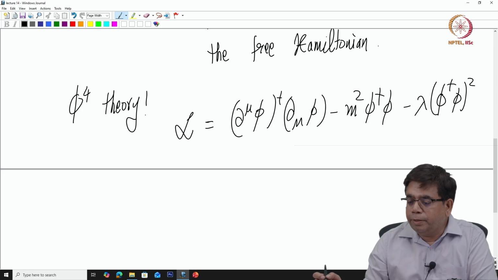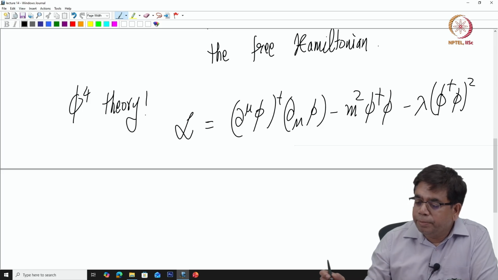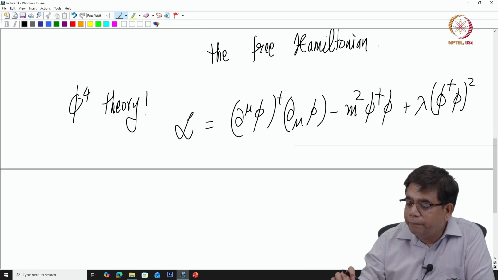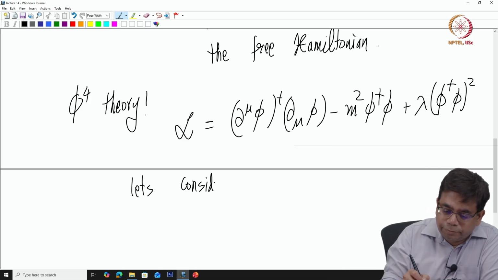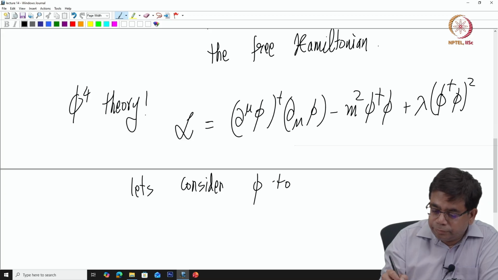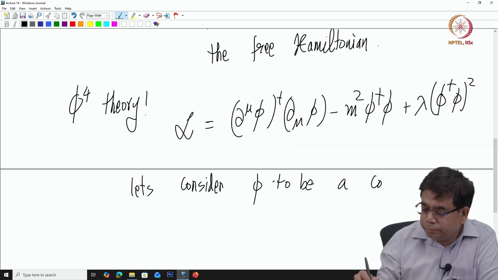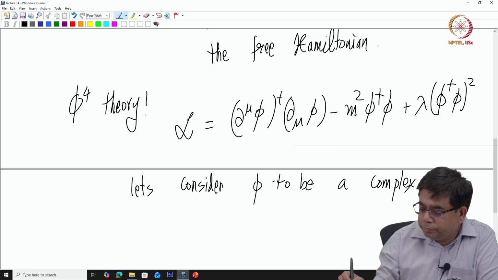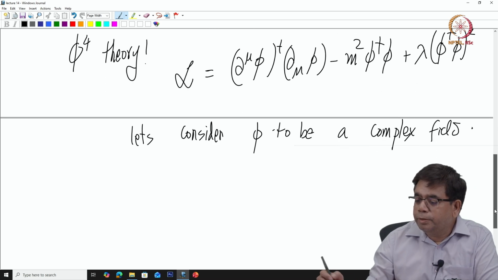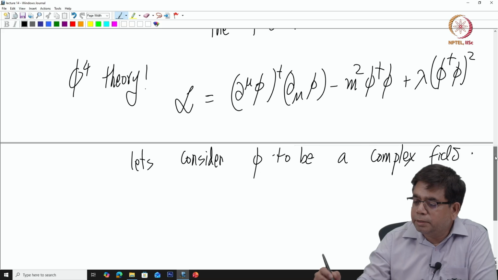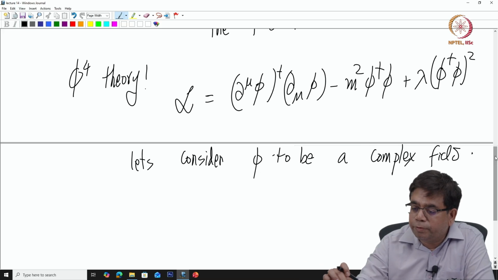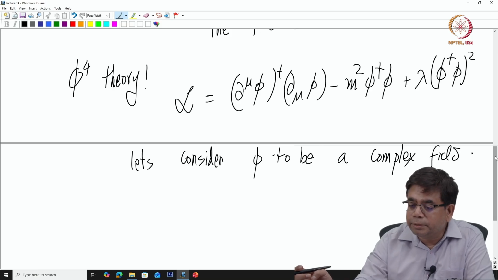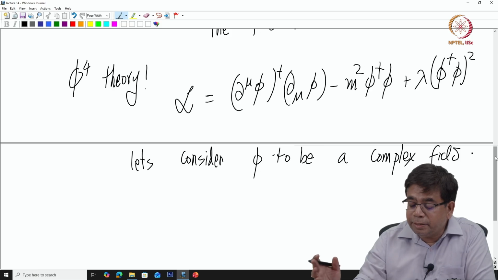Okay, this is your Phi 4 theory. This phi is a complex field, so this has phi dagger phi whole squared. So this is phi to the power of 4. There are 4 real fields, as phi has both real and imaginary components essentially.